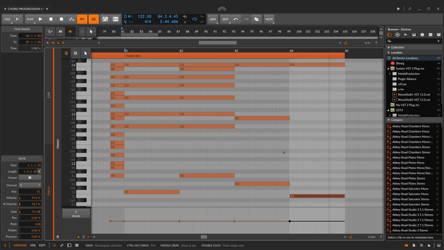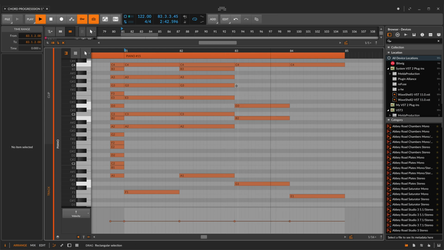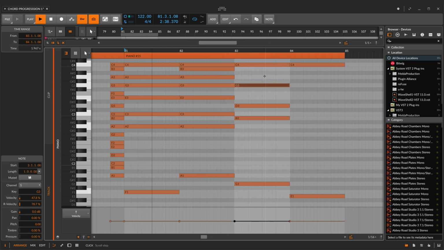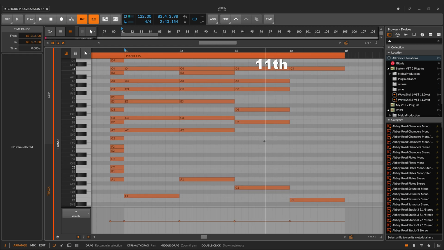Let's add some tensions again. A is the ninth of the chord, and the stable note C in this case is the 11th of the chord.